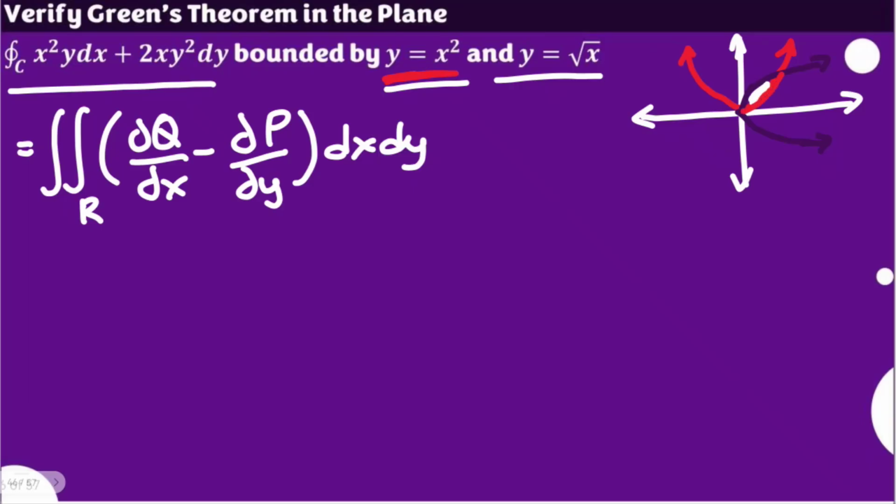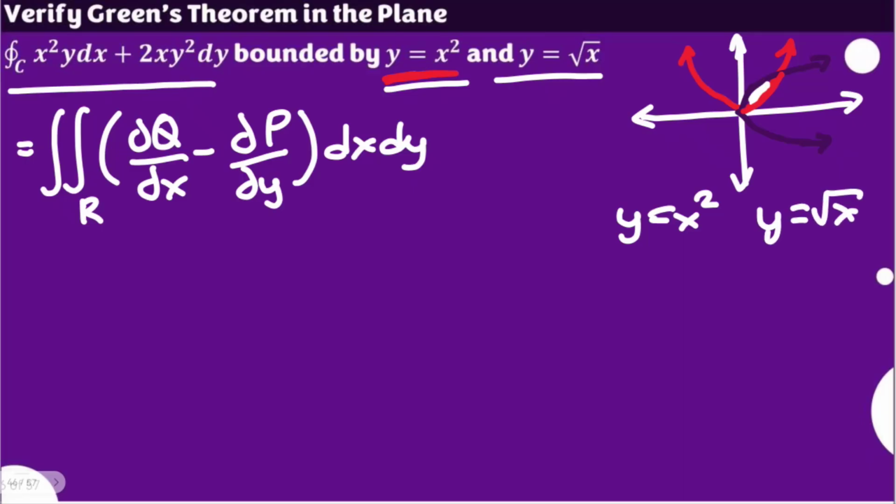This is different from the previous two examples, which had specific regions that are actually square and rectangle in nature, where we are given the exact boundary for x and y. At this time, we need to identify the boundary of our x and y. Now, we can use a system of equations, or substitution, since y is equal to x squared and y is equal to square root of x.